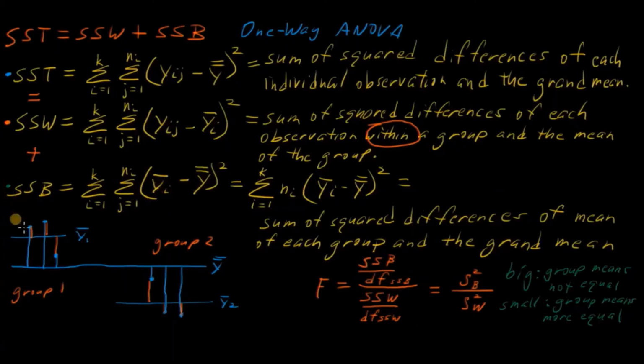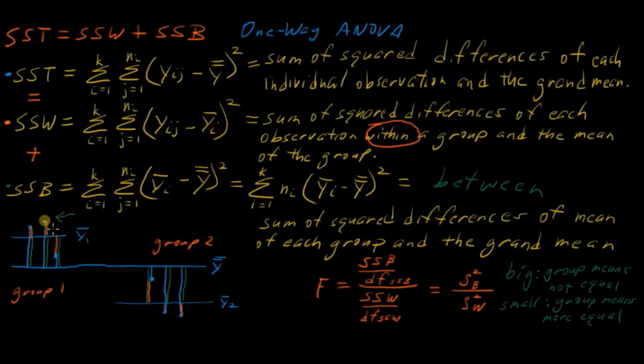For each point, it would be just this distance, and they're all going to be the same within each group. So remember, this here is between groups. This is within groups.